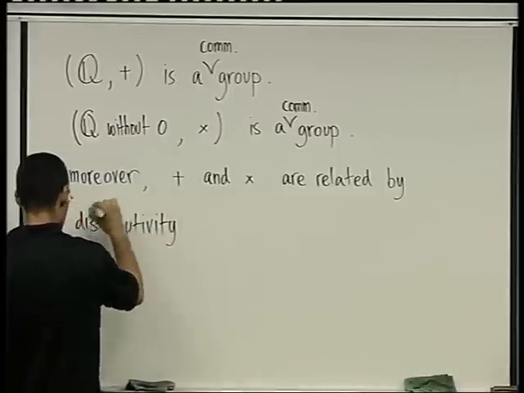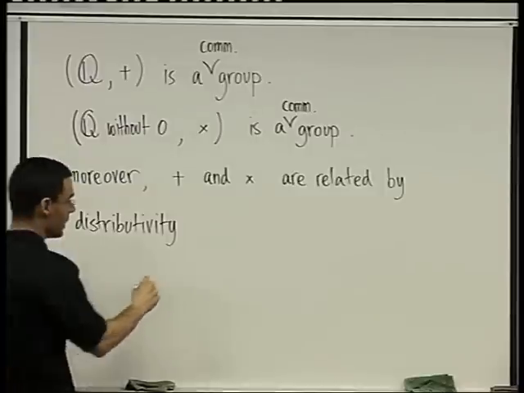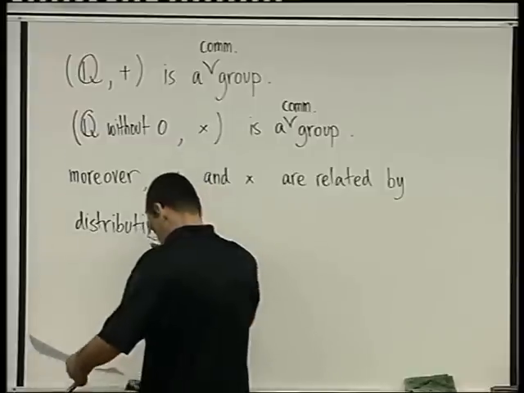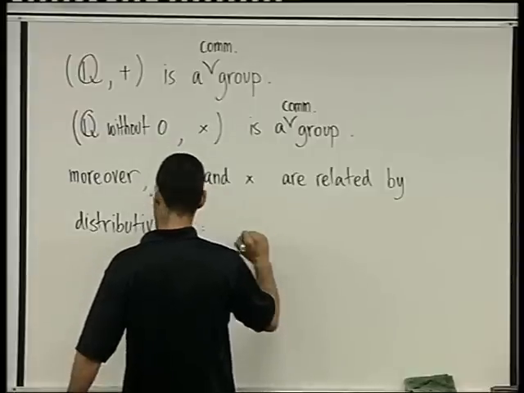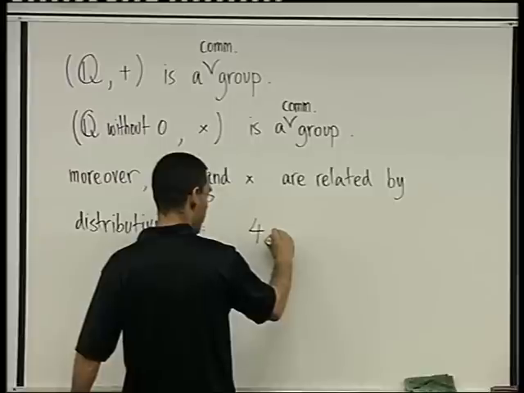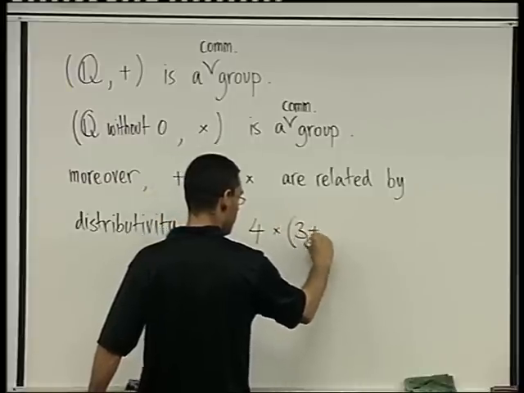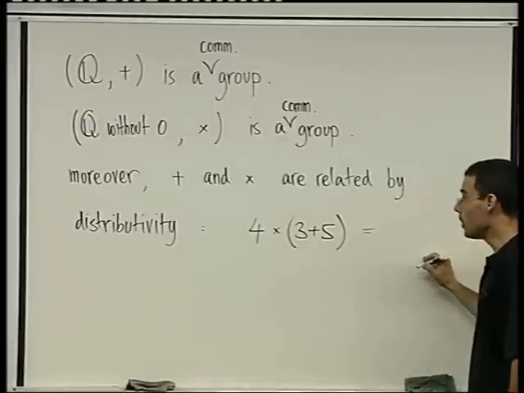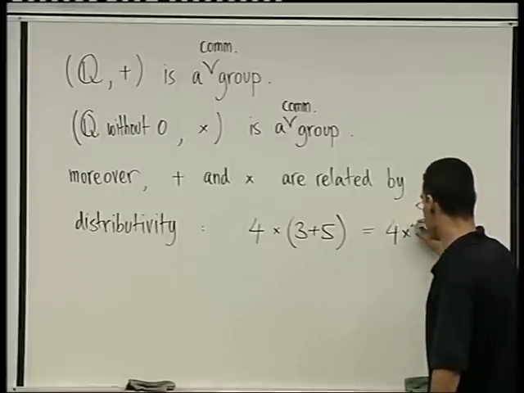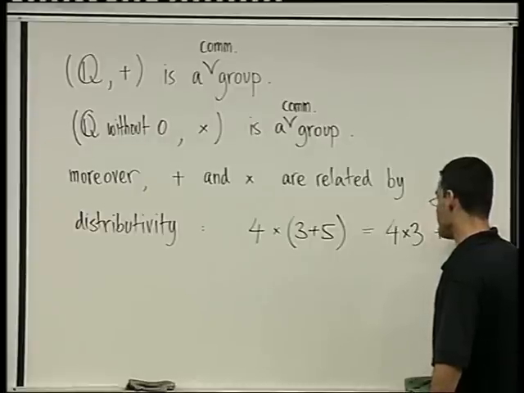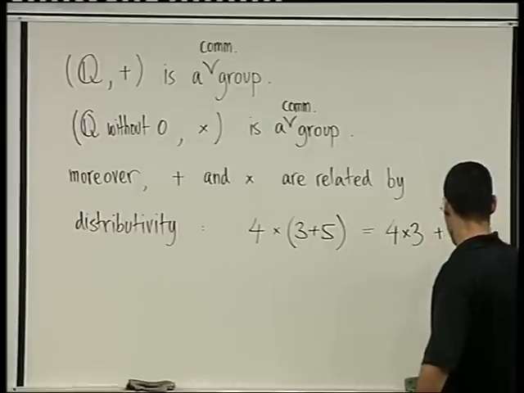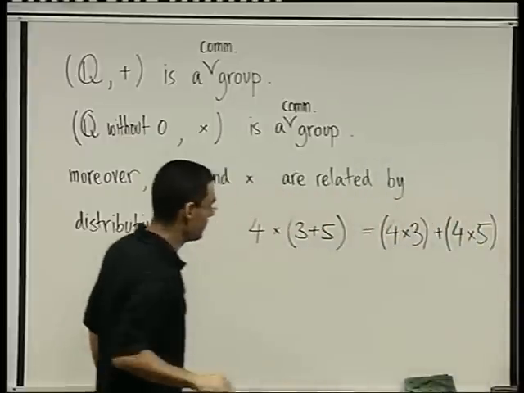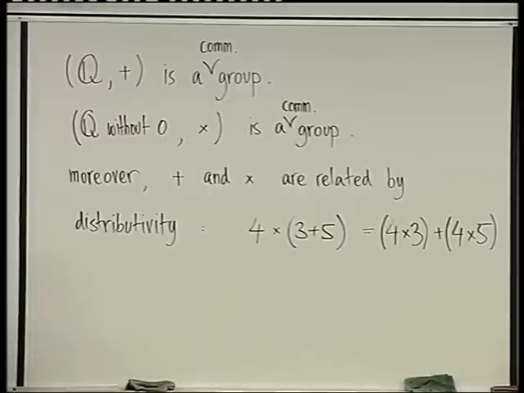Wow, this is a crazy word. Namely, if you take 4 and multiply it by 3 plus 5, that equals 4 times 3 plus 4 times 5. Do you agree? This is called the distributive law.